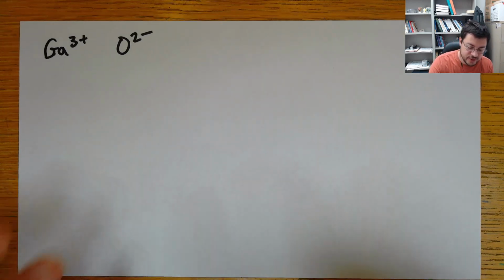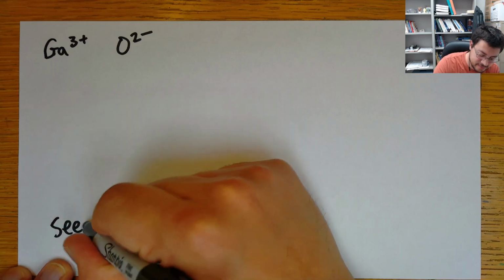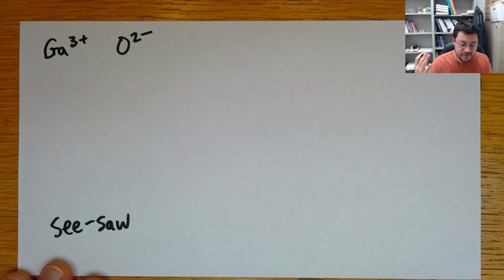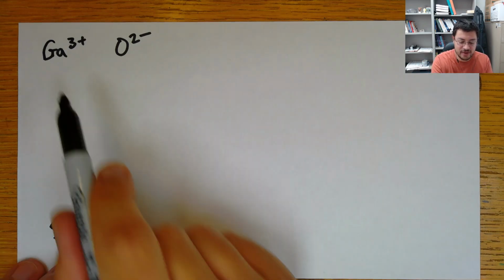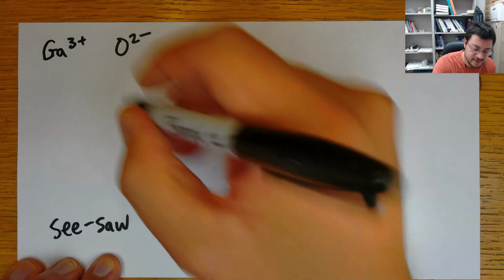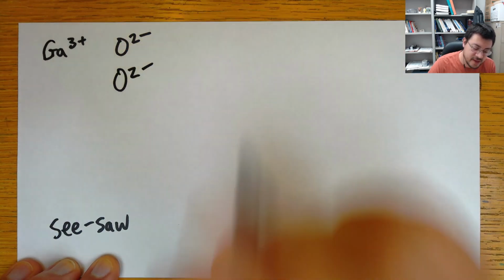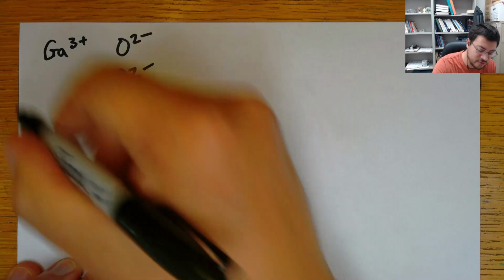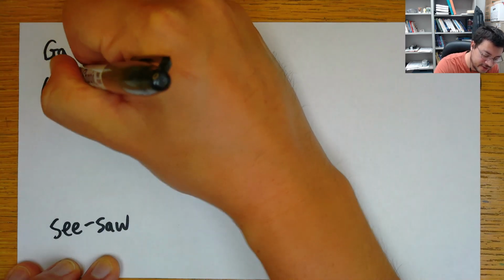Okay, we can do a seesaw method. Seesaw method is you just kind of fix whatever's lacking. So right now we have more positive than negative, so we just get another oxygen. Now we have 4 minus versus 3 plus. Then we say, oh, now we need more plus, so we added another gallium.